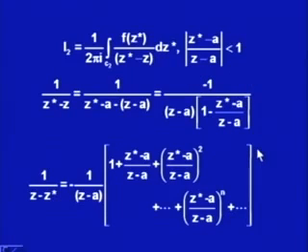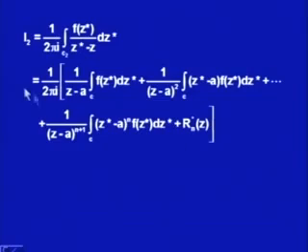So, once we have done this, then we can again proceed in the similar manner, that is, I multiply that expression by 1 upon 2 pi i and f(z*) and then integrate over the curve C2.